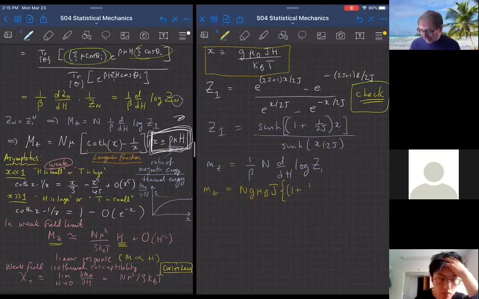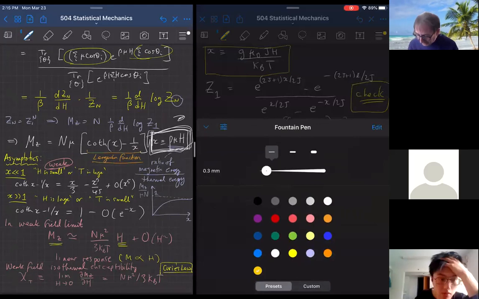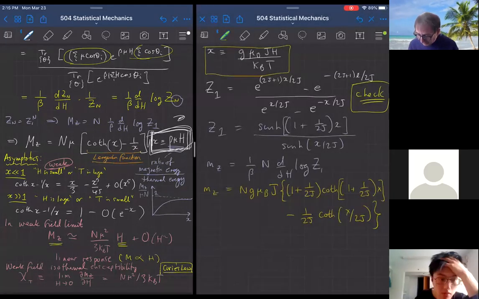It's (1 plus 1 over 2j) coth of (1 plus 1 over 2j) times x, minus 1 over 2j coth of x over 2j. So all I've done there is nothing more complicated than doing the derivative. And this quantity that we have in the curly brackets.